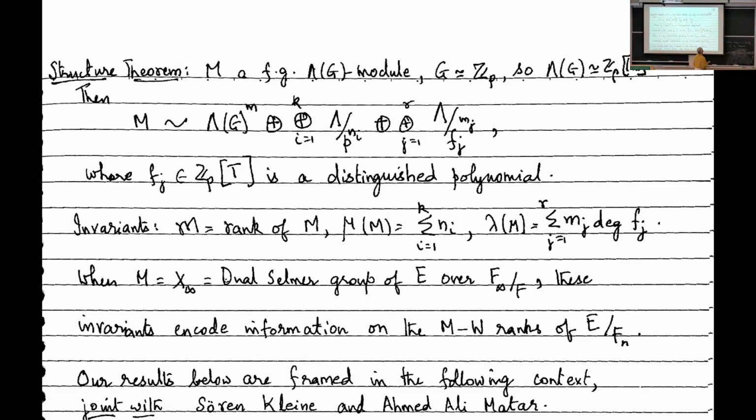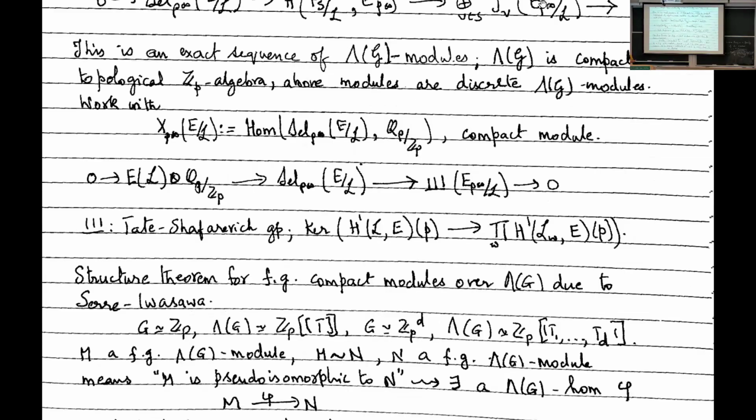Now, all these are discrete modules. When I take this infinite extension, the Iwasawa algebra itself is a compact topological Zp algebra. And this sequence is an exact sequence of discrete modules. But it's nice to work with compact modules, so we usually take the Pontryagin duals of this, and I'll denote the Pontryagin duals by X_p infinity, and that was the X that I originally wrote.